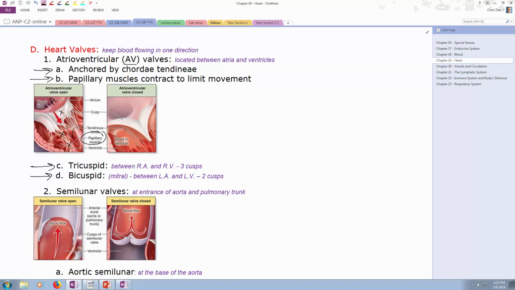We're going to talk about this in a little bit, but I want you to think about this even before we get to it. Is it reasonable for the right side of the heart and the left side of the heart to pump the same volume of blood? If they do not pump the same volume, who's pumping more blood than the other side?